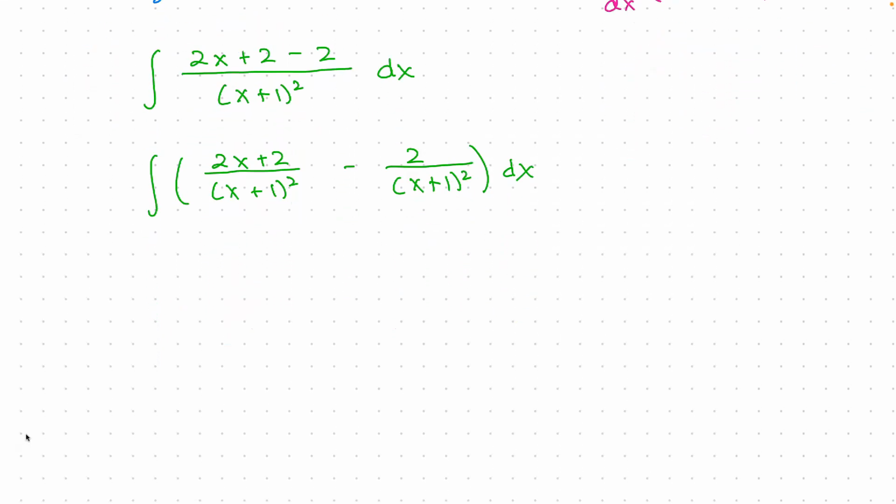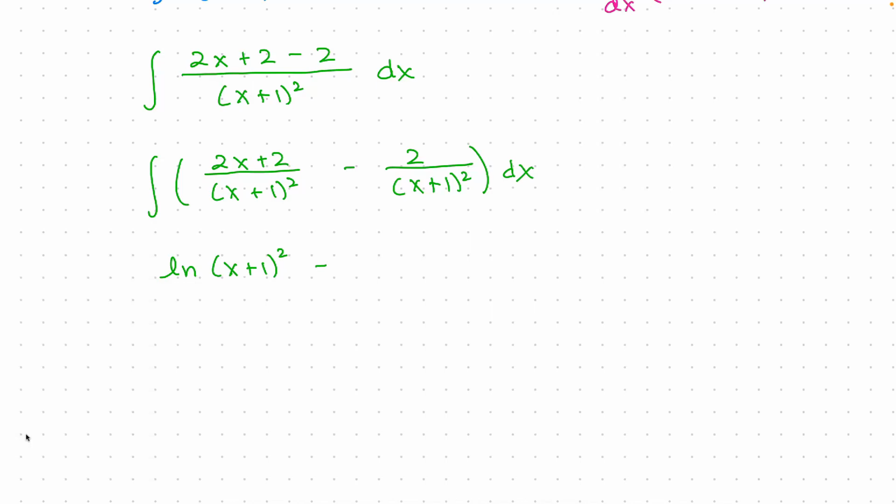We already know the first one. The first one is just the natural log of the bottom. And again, that squared makes the bottom always positive, so we don't need absolute values. And then it's minus the integral, still working on this, the integral of this.